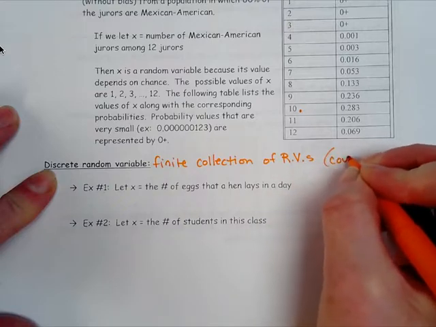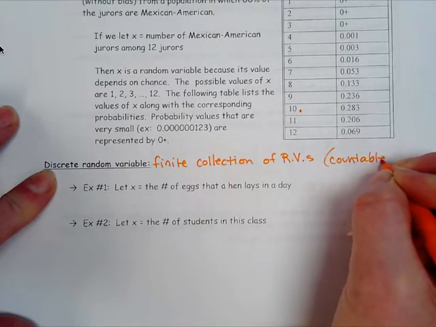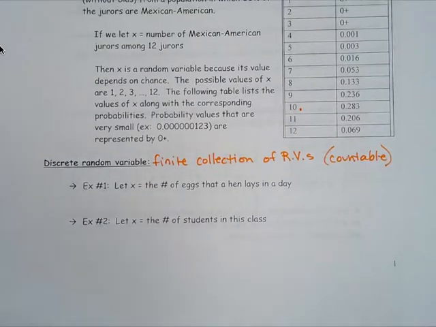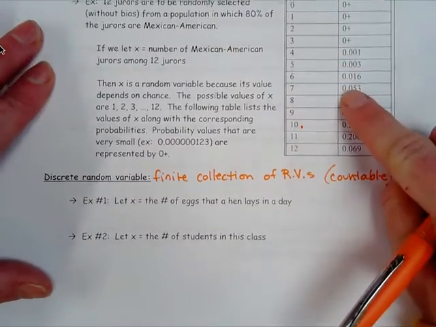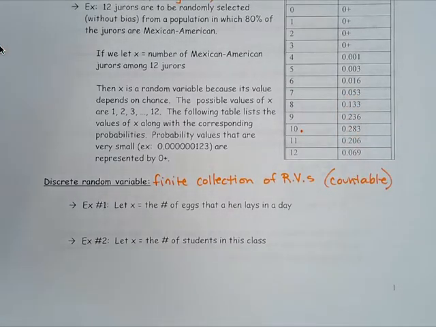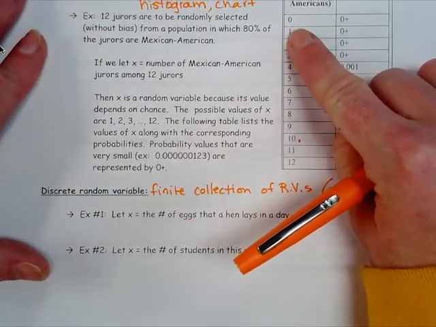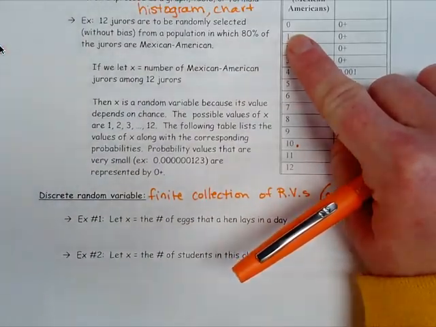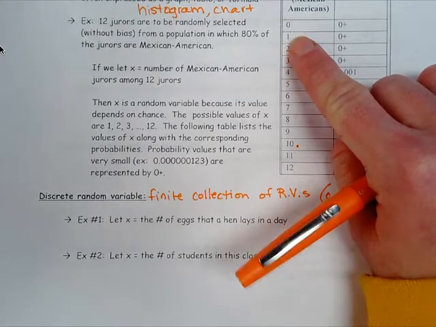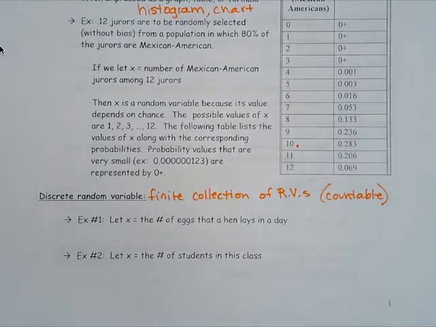So this is also countable. You can make a list of them. Just like how many Mexican Americans there are, we make a list. You can't put a decimal in there. It's not continuous because that would be like 0.125 Mexican Americans. Like that, we're counting a Mexican American, period. One person.